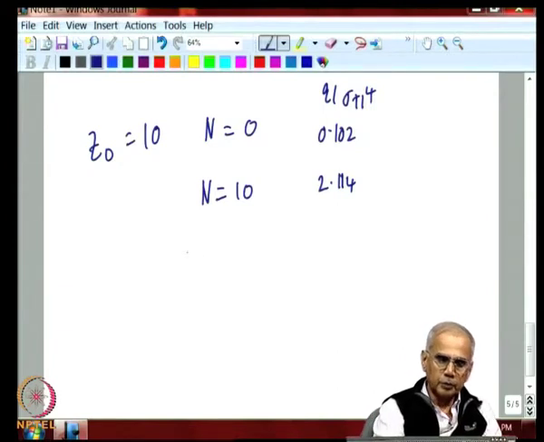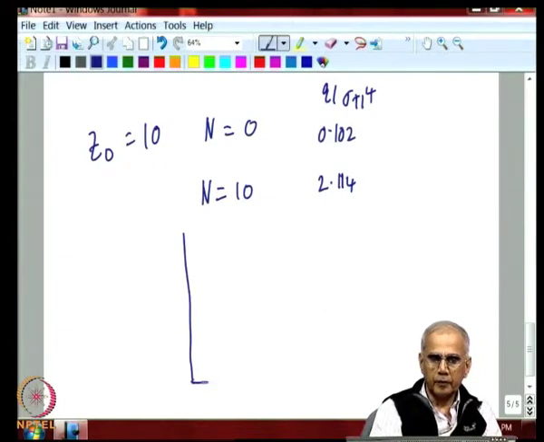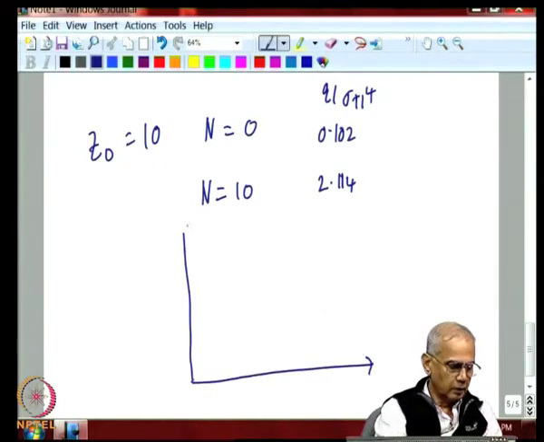The other thing you must remember is the nature of the temperature profile. Now, we will plot this in terms of T by T1.